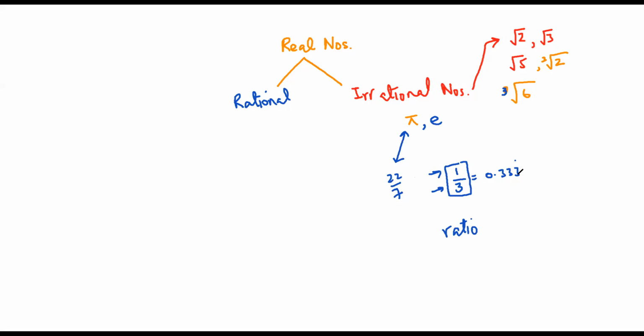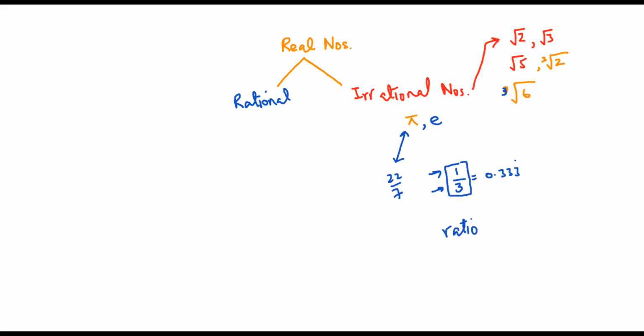Whenever you have a recurring decimal, and obviously this is a rational number, there will always be a pattern being followed. Remember, I showed you on the calculator. For example, if you see 22 divided by 7, see its value.